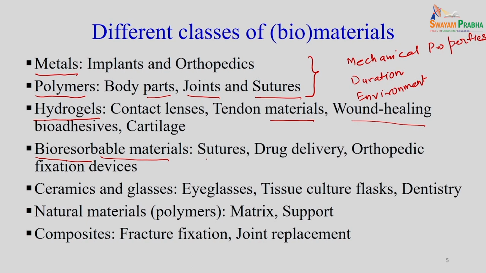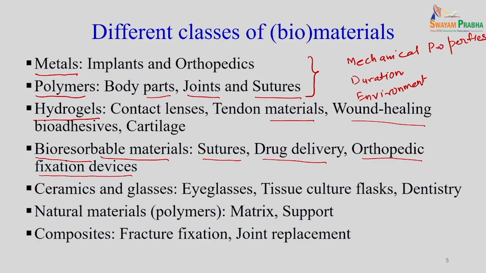So, they are also used for sutures, for drug delivery, and in the case of orthopedic implants they are used for fixation devices, because when they are used as a screw or fixation, with time they should automatically get degraded or dissolved. The same is true for drug delivery also. In drug delivery, there should be sustained release of the drug, and at the same time the degradation of the material should also take place simultaneously with the release of the drug.